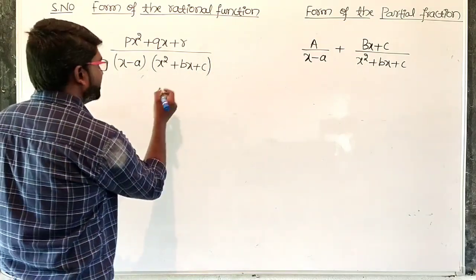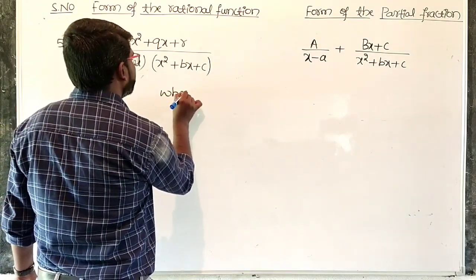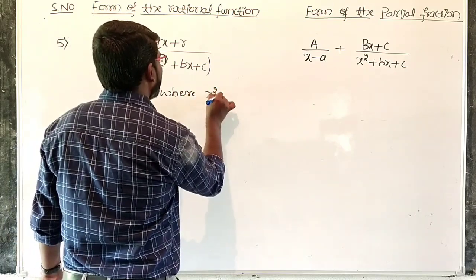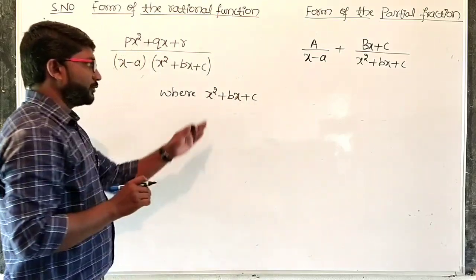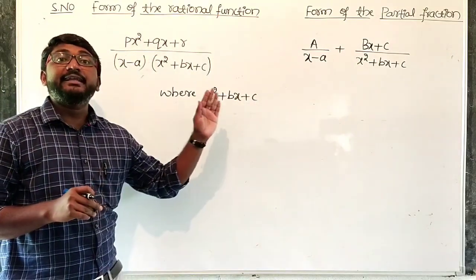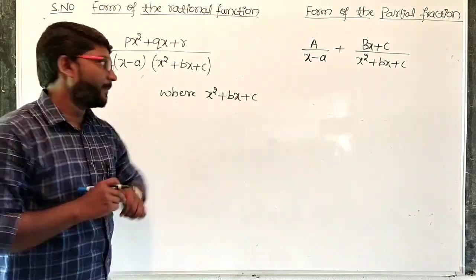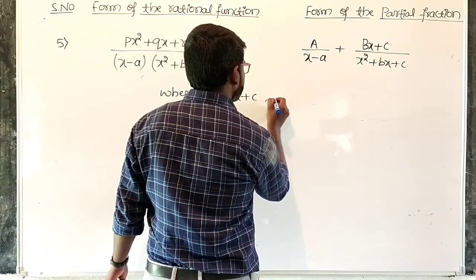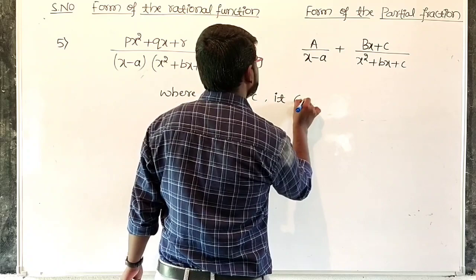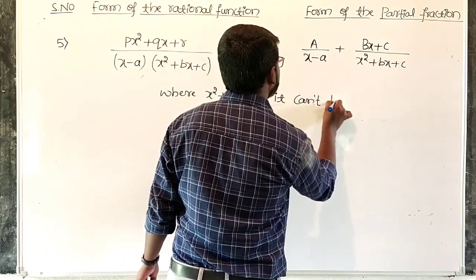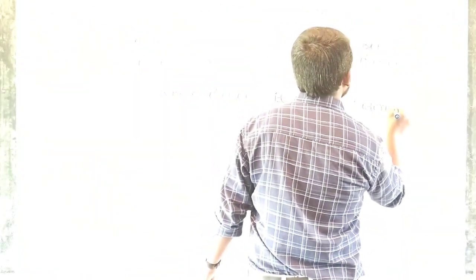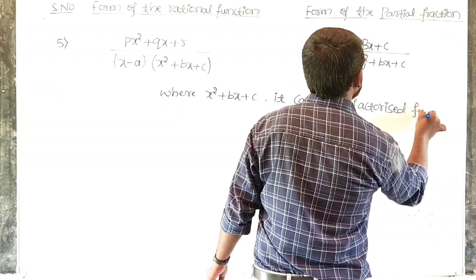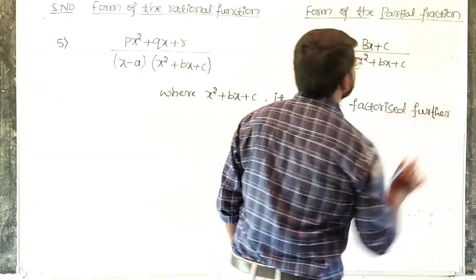Here x square plus bx plus c is a quadratic polynomial and it cannot be factorized further.